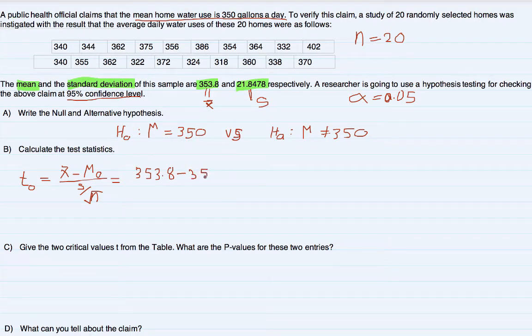Divided by s, the sample standard deviation, 21.8478, divided by the square root of the sample size, 20. So this equals 0.7778. Well, that is our test statistic.